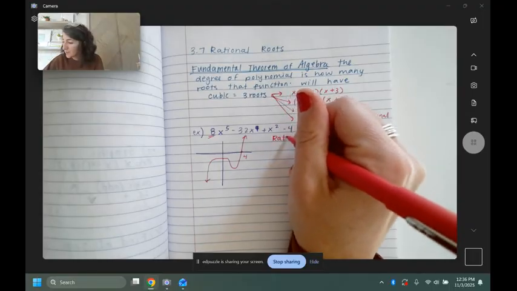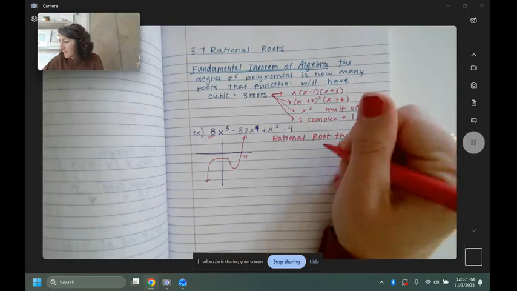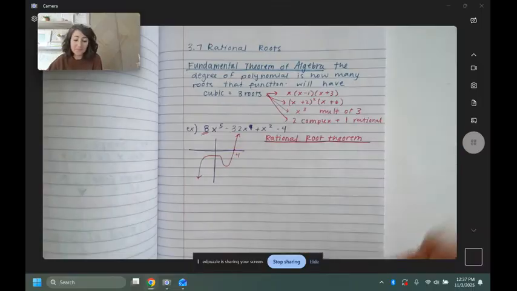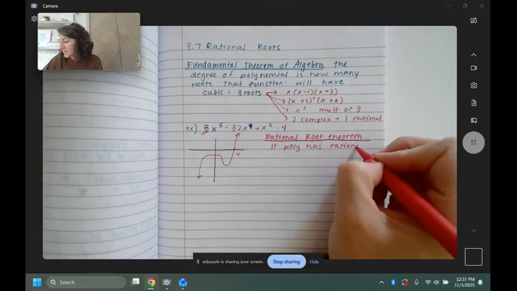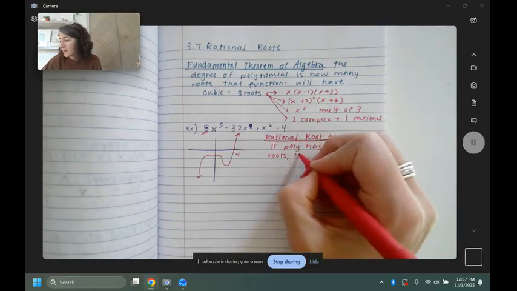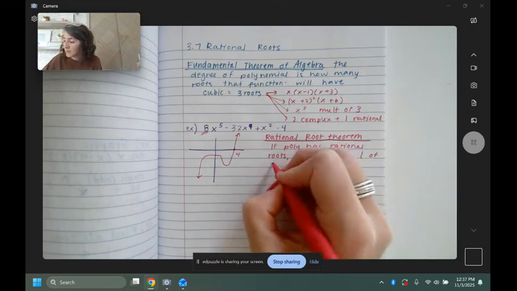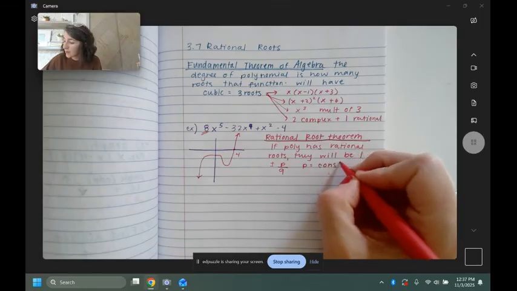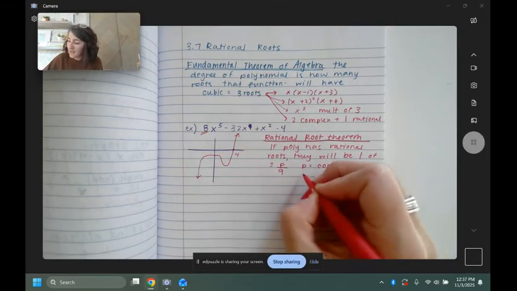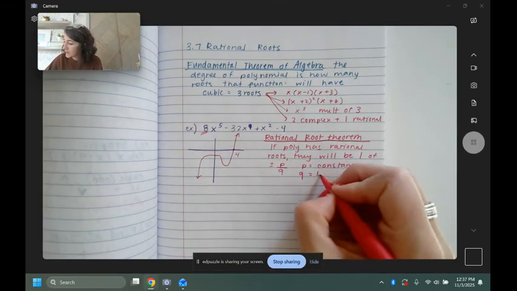So the rational root theorem says, if a polynomial has any rational roots, they will be one of plus or minus p over q, where p is your constant term and q is your leading coefficient.